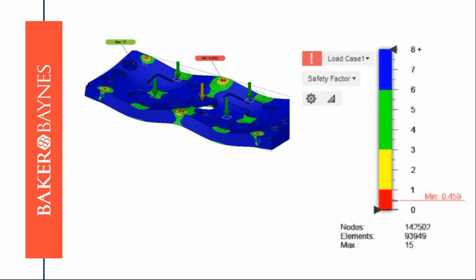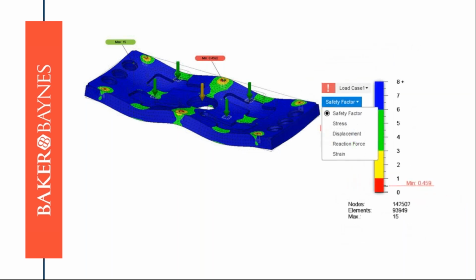For example, you see that we could actually drop the bar to see where are we, which areas are sitting between, let's for instance, 6 to 8, right? And we could see that, or in the minimum side, where are we sitting between 1 and 0? And we could move that bar around, and what it would do, it would show us where about in the model it is. Alternatively, we could probe the model, and the probe will tell us exactly what the safety factor is at the specific areas.